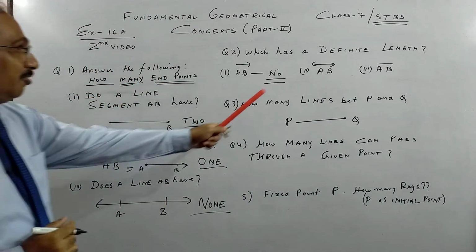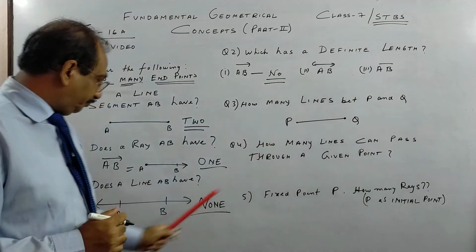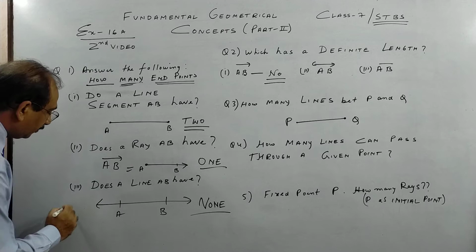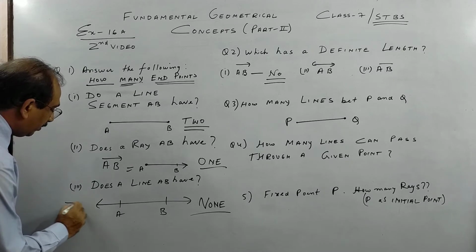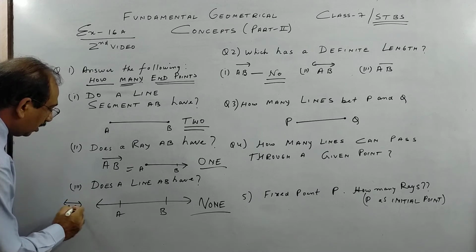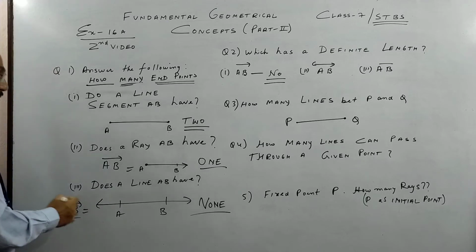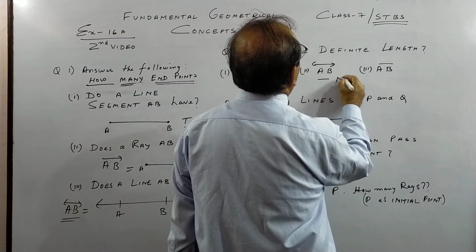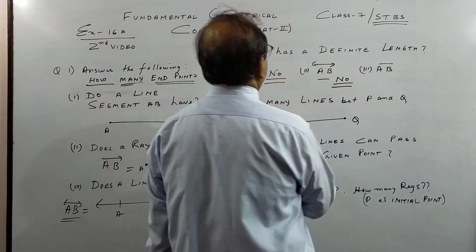This is how we represent a line, children. A line is, if you see AB, a bar with arrows on both ends. So a line also has no definite length.